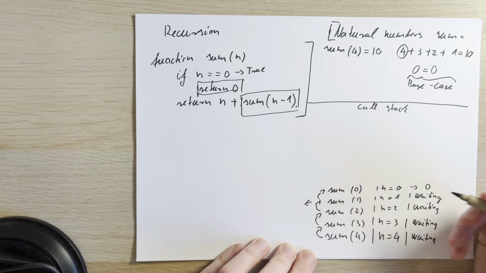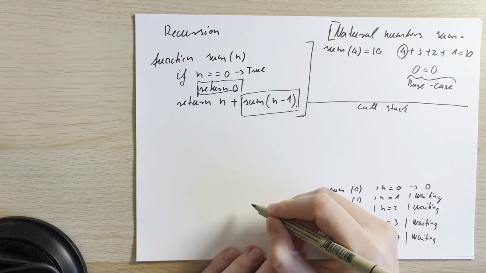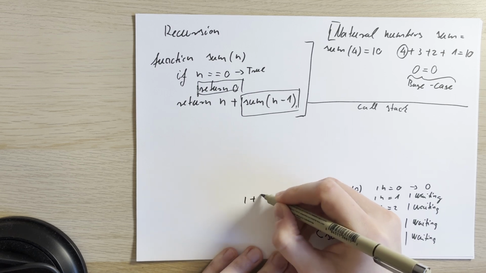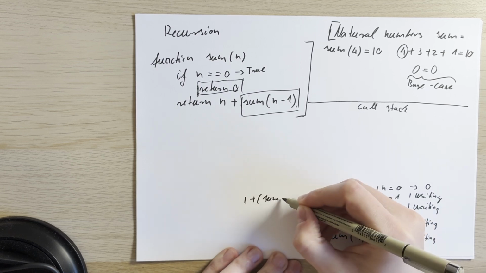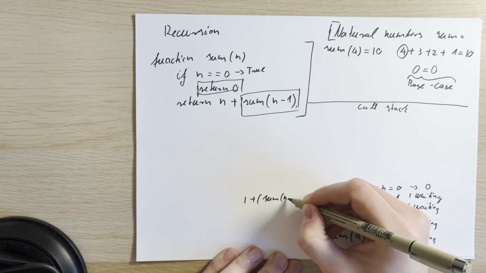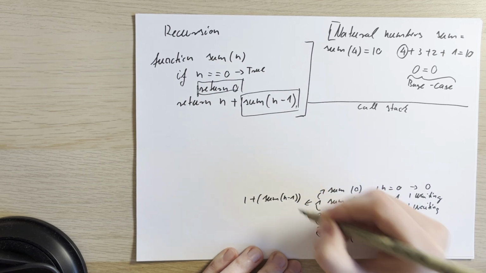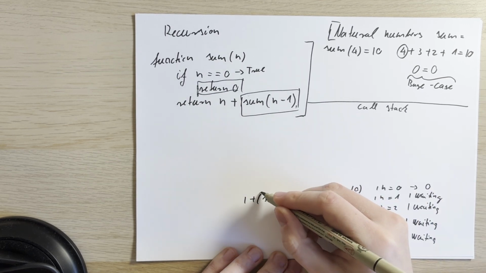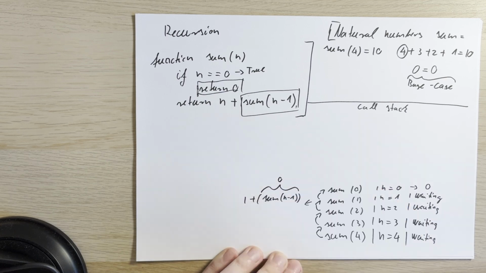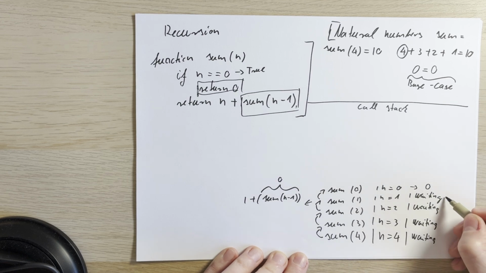Let me expand this: 1 plus sum of n minus 1, and now we know n minus 1 is 0, and we can cross out that it is not waiting anymore, and we know that this line is going to be 1.